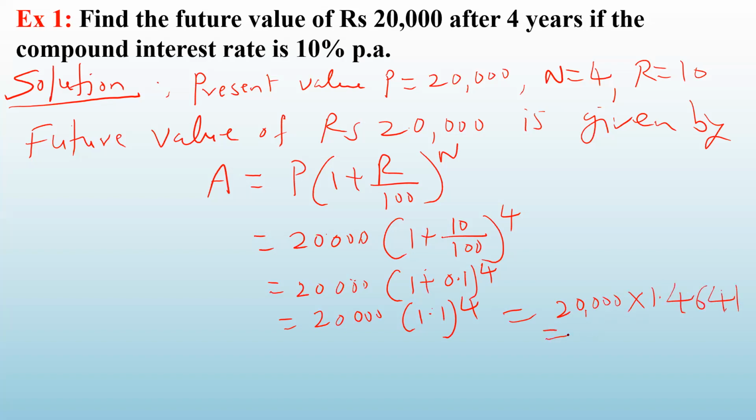If you multiply it by 20,000, you will get 29,282.